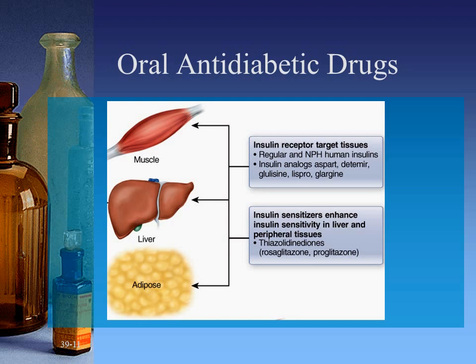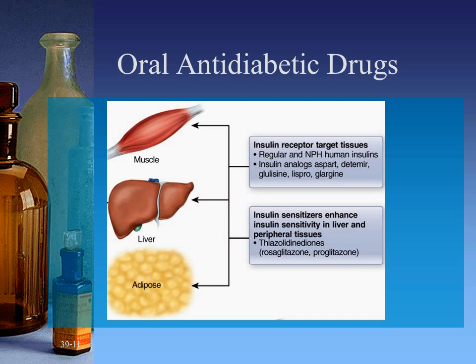How they work, or specifically the ones we're going to talk about, are called insulin sensitizers. What they do is they enhance the cell's response to insulin, so it allows glucose to be used more efficiently. The cells that we're talking about are those insulin receptor target cells, located heavily in the skeletal muscle, the liver, and the fat, or adipose tissue.